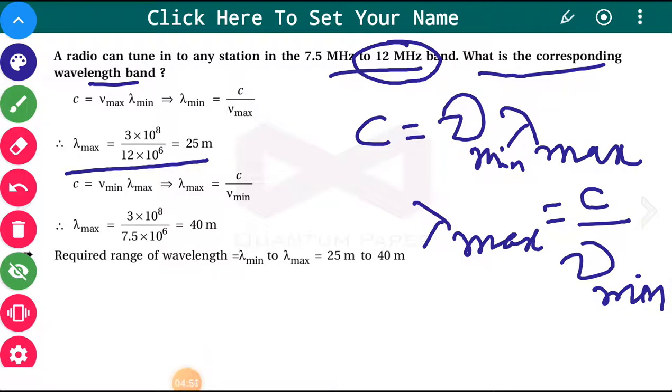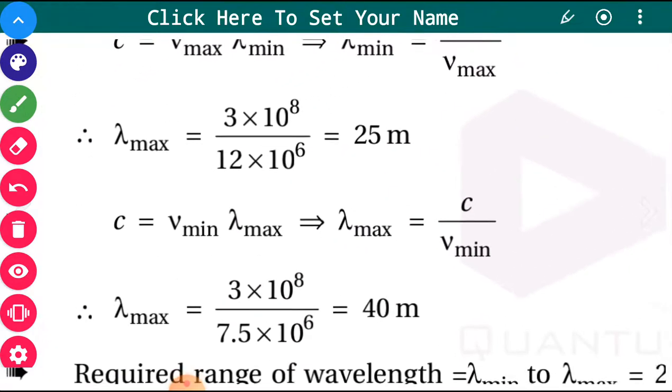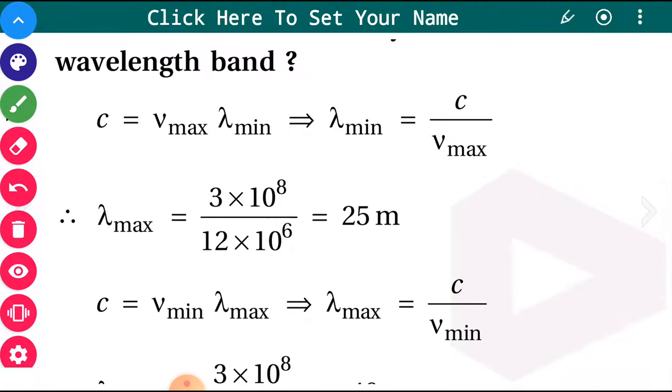Lambda minimum, here it is written as lambda maximum, but here it should be lambda minimum. Try to understand. This must be lambda minimum. So this lambda minimum is equal to c upon nu maximum.